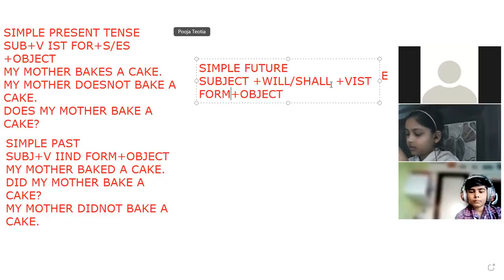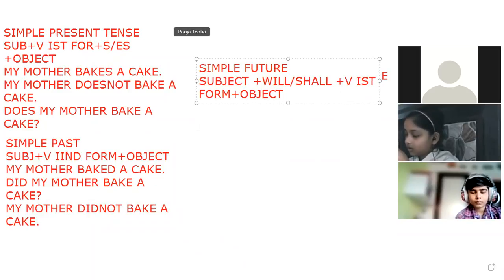In simple present tense we also use verb first form, and in future also. So what is the difference? In simple future we put will or shall with verb first form, and no S/ES comes.